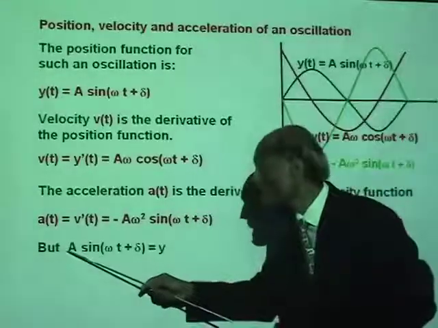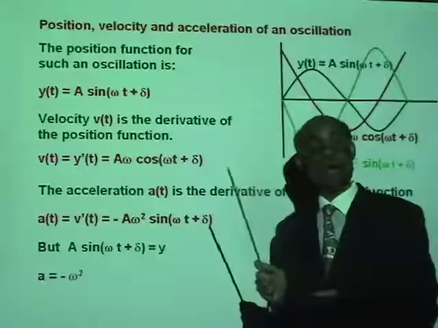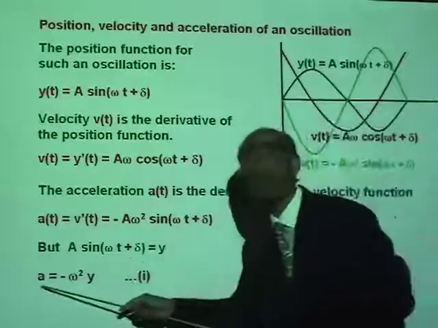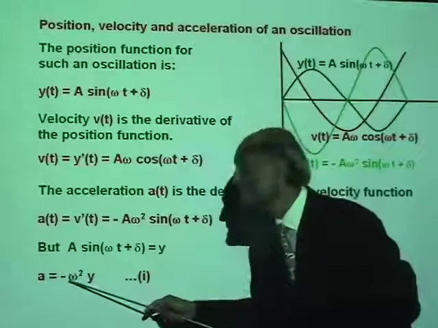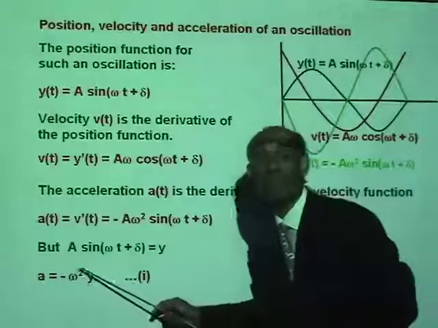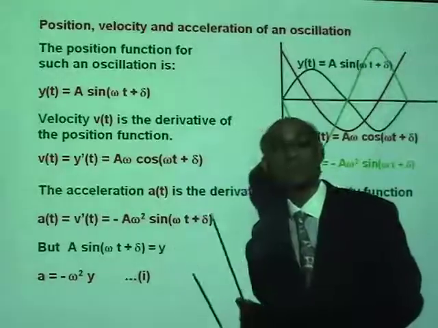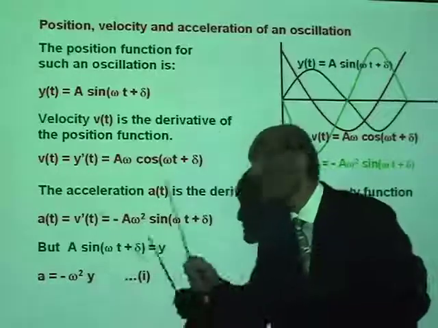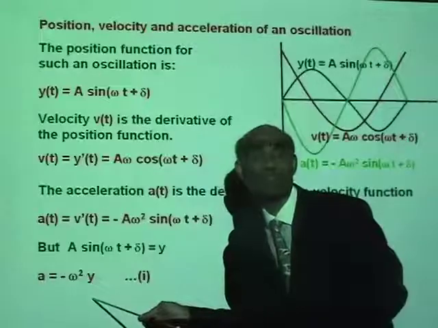But because A sine omega t plus delta is equal to y, we can now write the equation for acceleration as a equal to negative omega squared y. A very important equation. a equal to negative omega squared y. Don't you ever forget this equation.